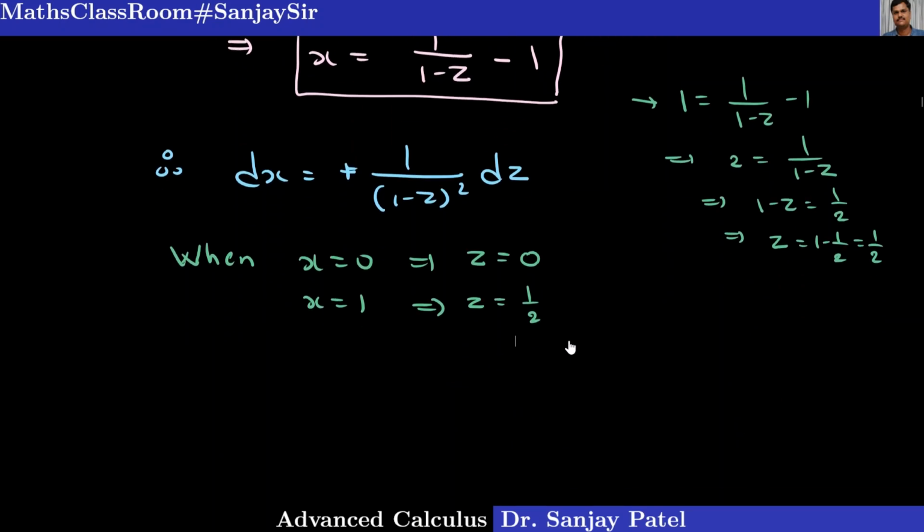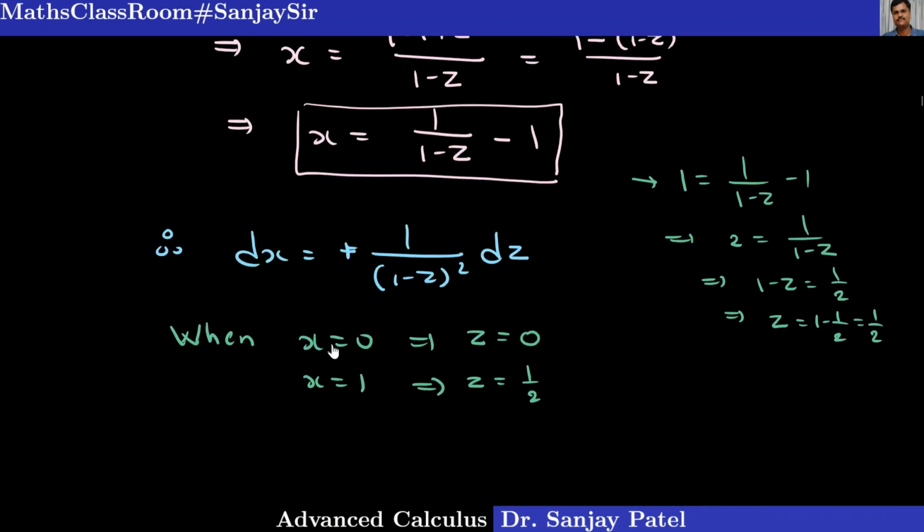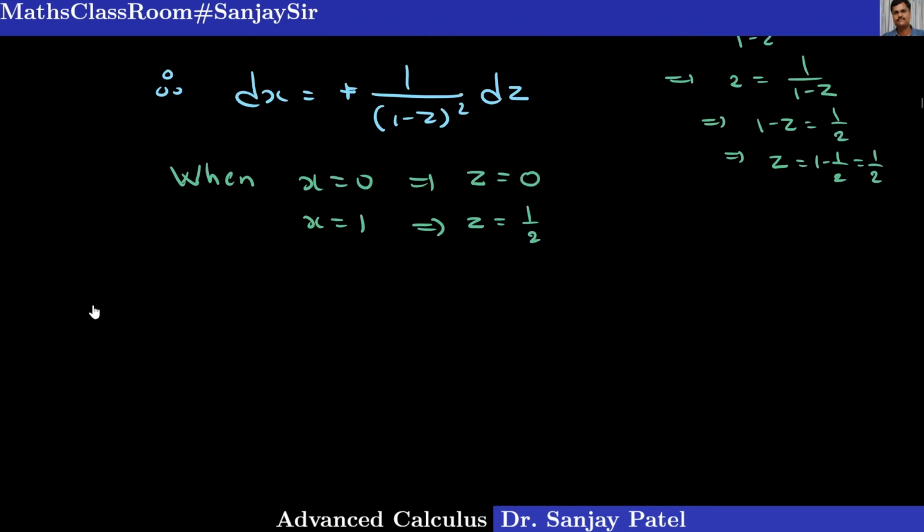Now putting all these values in that integral, the beta function, that is I1, I can write I1 is equal to integral 0 to 1 by 2.